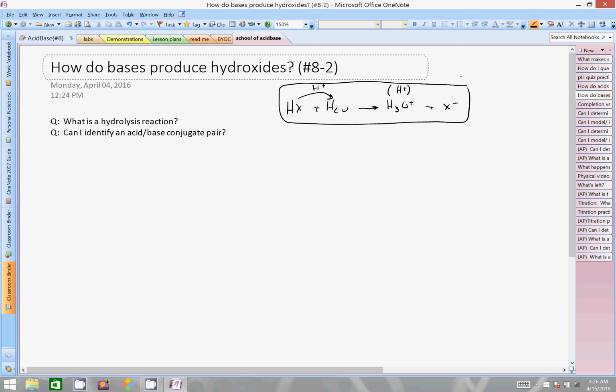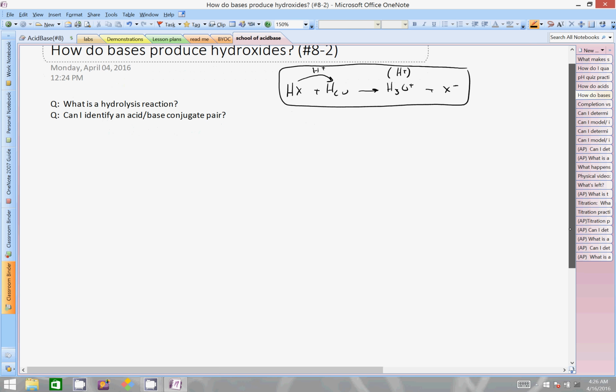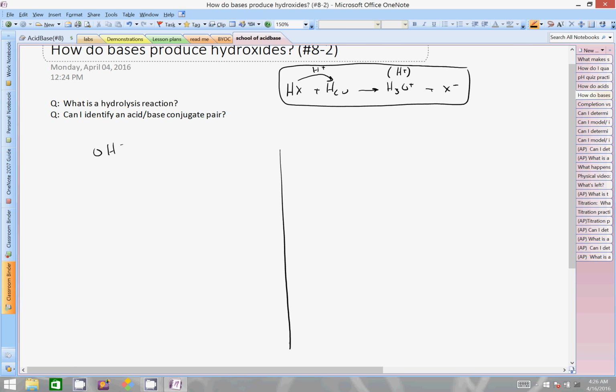So this little video works along with that, with the same idea, but how do bases produce hydroxide ions? It turns out that bases are a tad bit more complicated, or they have an alternate path. Let's cover the hydrolysis first, because we just did that on the last one. It doesn't matter which one we do first.